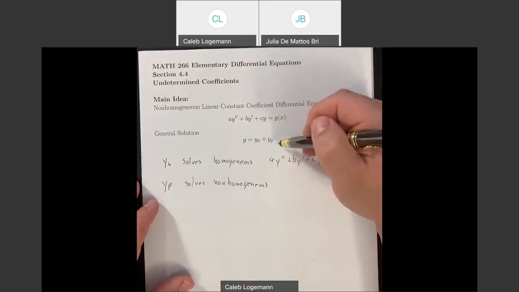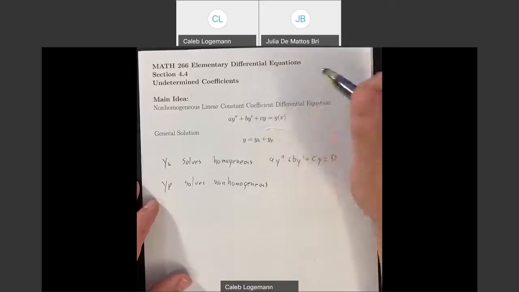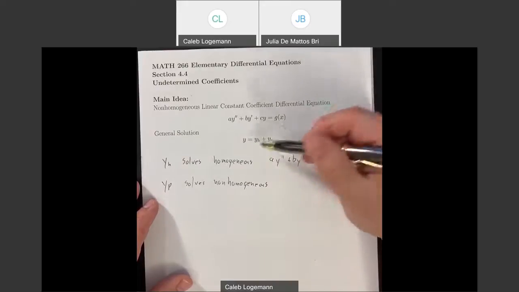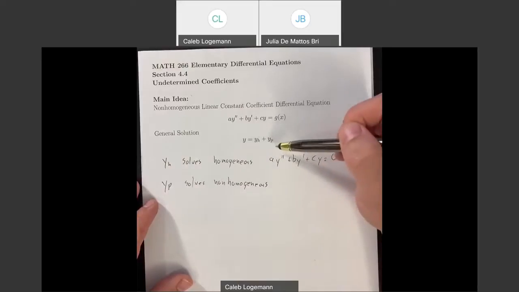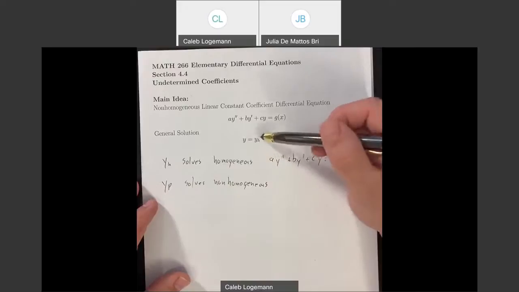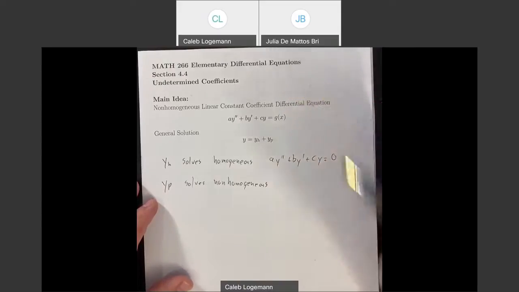So we find a particular solution, and then we add it to the homogeneous general solution, and then we get our full general solution to this equation. Any solution for this equation can be written in this form. Depending on what your particular solution is, that'll potentially change the constants in the homogeneous solution.